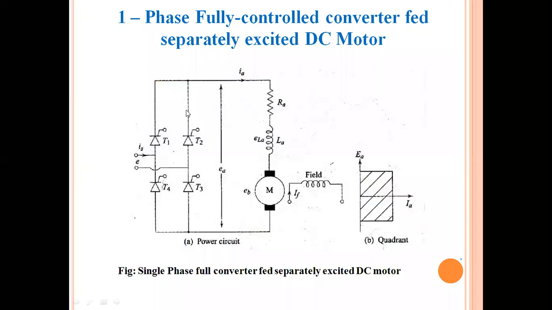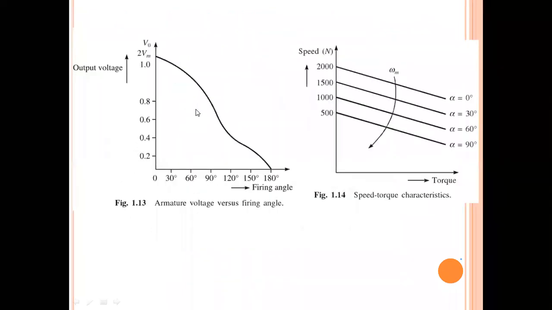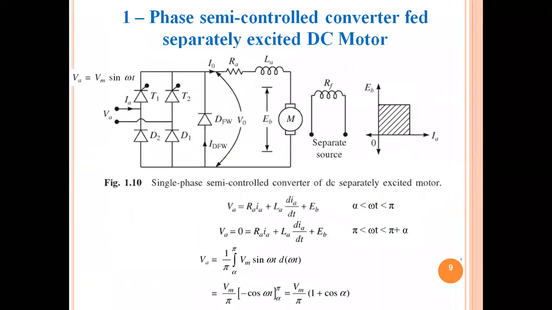Why fully controlled? Because here we have four switches and all four are controlled switches. So this is the difference between the fully controlled converter and the semi or half controlled converter.